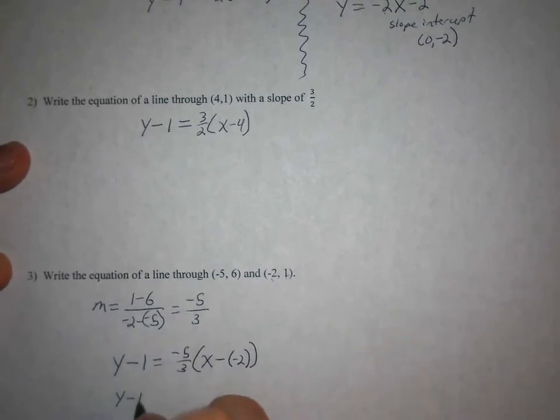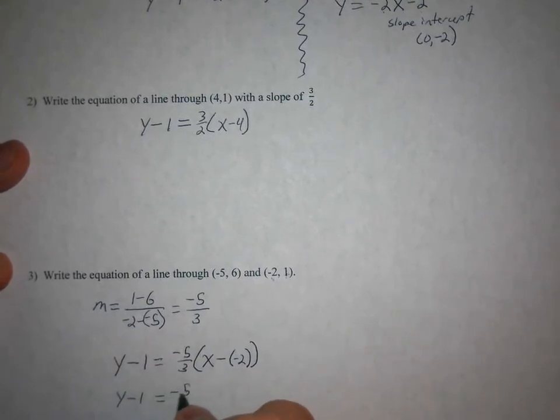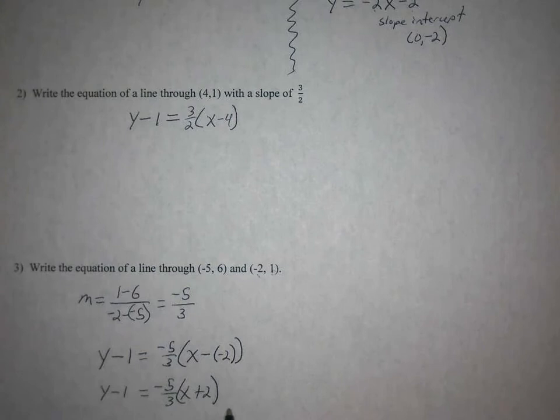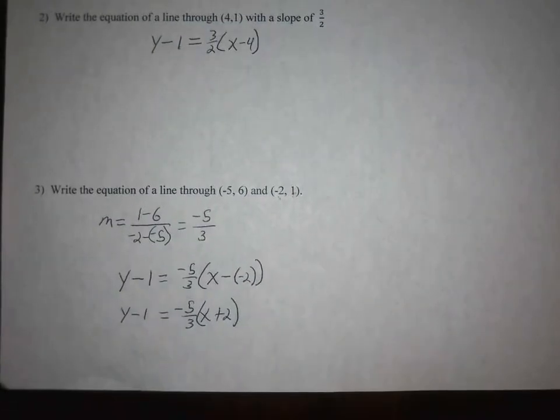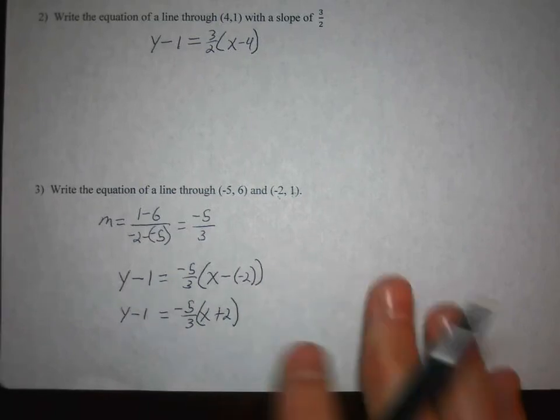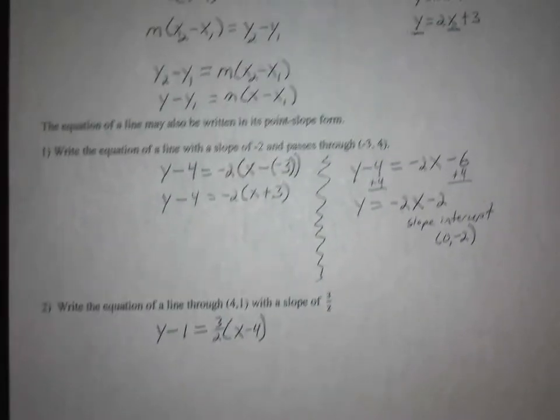And you can clean that up to say y minus 1 and have a plus 2 in the parentheses. So based on that equation, we know it goes through the point negative 2, positive 1, and has a slope of negative 5/3. So that's using point-slope form.